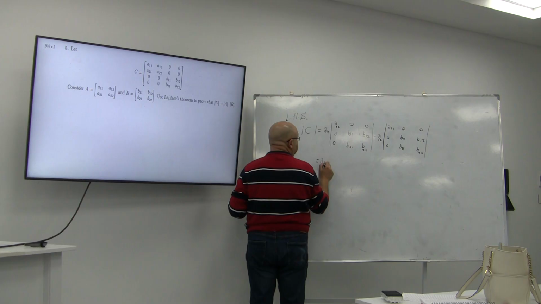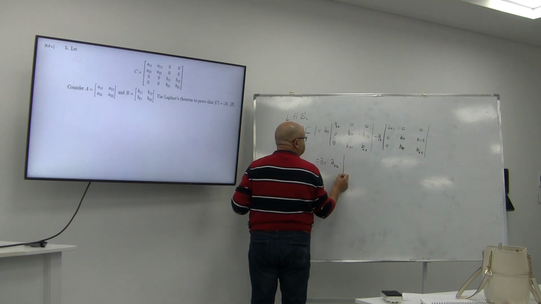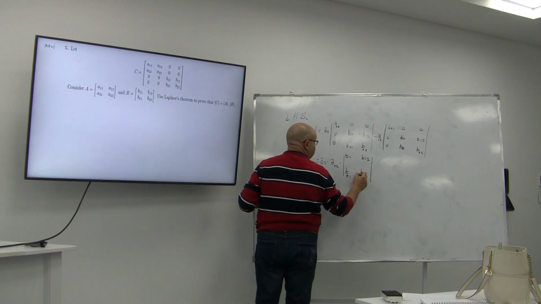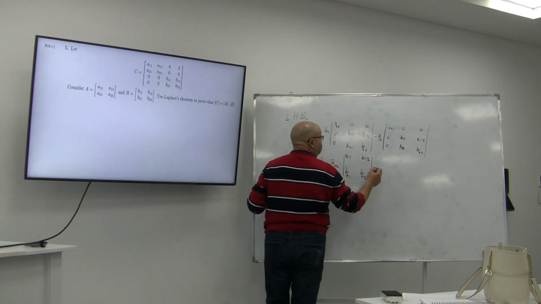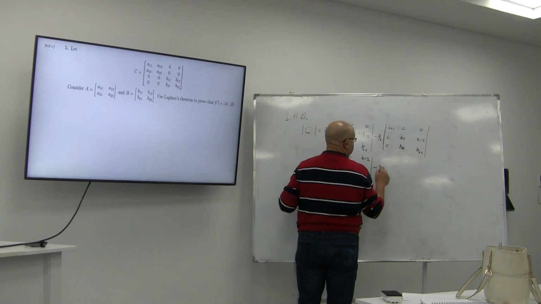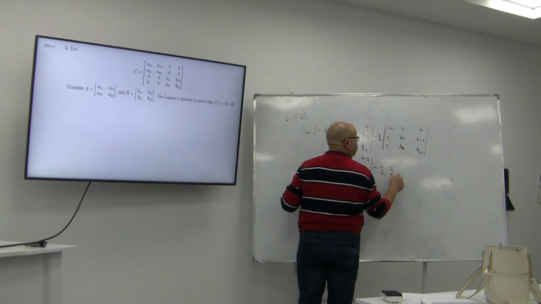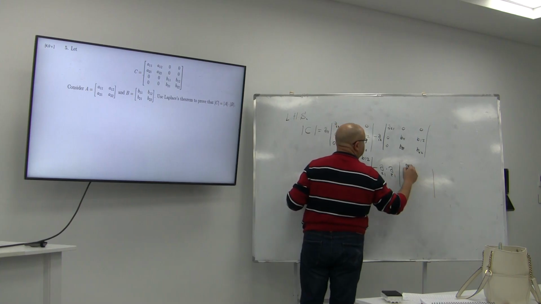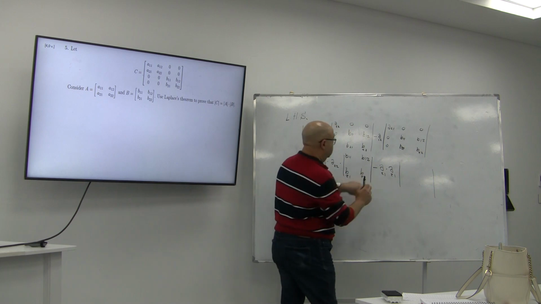So it's A11 times A22 times the determinant of B11, B12, B21, B22, minus A12 times A21 times the same determinant.